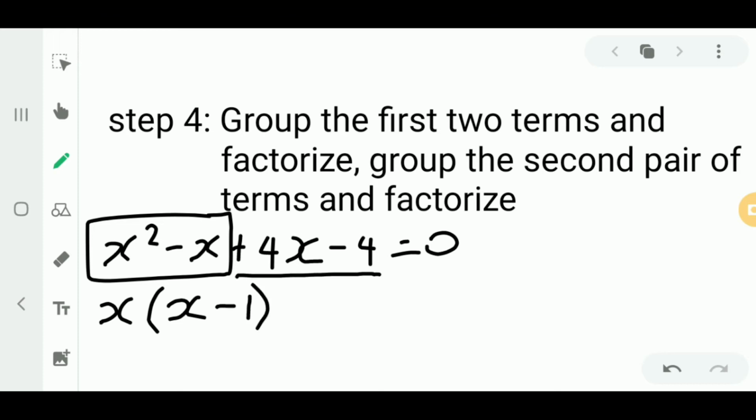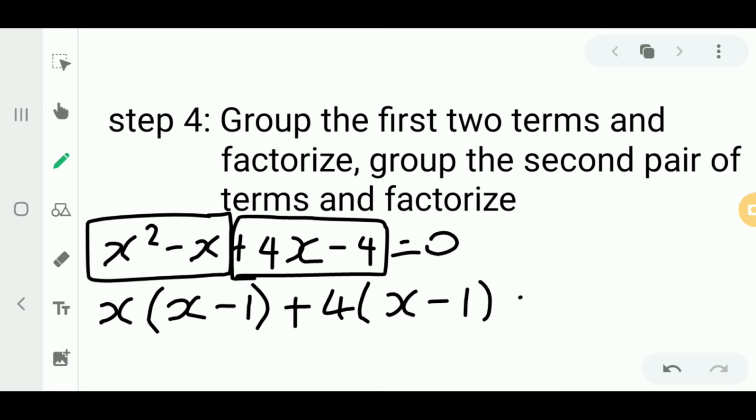Then you group the second pair of terms. You realize that 4 is common, so you take out the 4. From 4x, you have x left. From minus 4, you have minus 1 left. So now you realize that both brackets are the same.